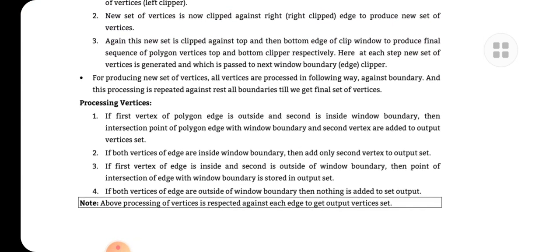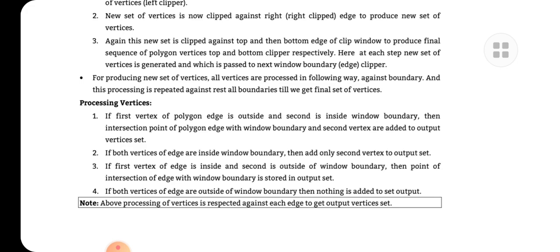In processing vertices, if the first vertex of a polygon edge is outside and the second is inside the window boundary, the intersection point of the polygon edge with the window boundary and the second vertex are added to the output vertex set. If both vertices of the edge are inside the window boundary, add only the second vertex to the output set.